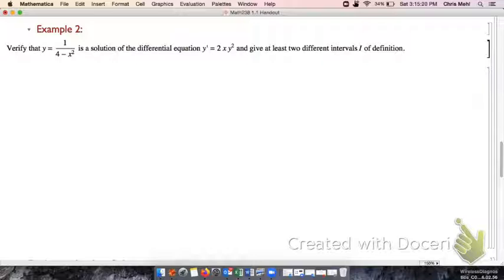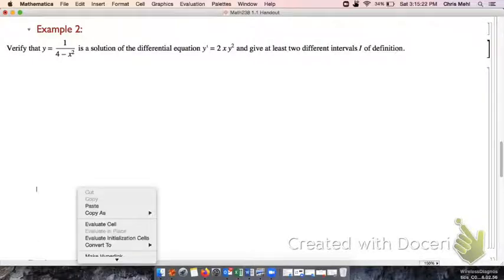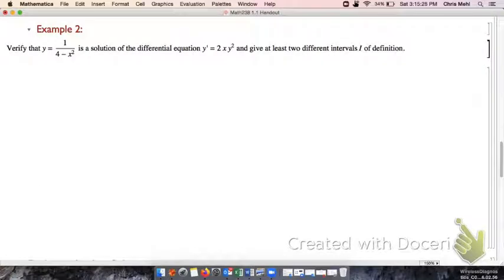So, what we're going to do is look at this function first. This is supposed to be a solution of the differential equation. Okay, 1 over 4 minus x squared.